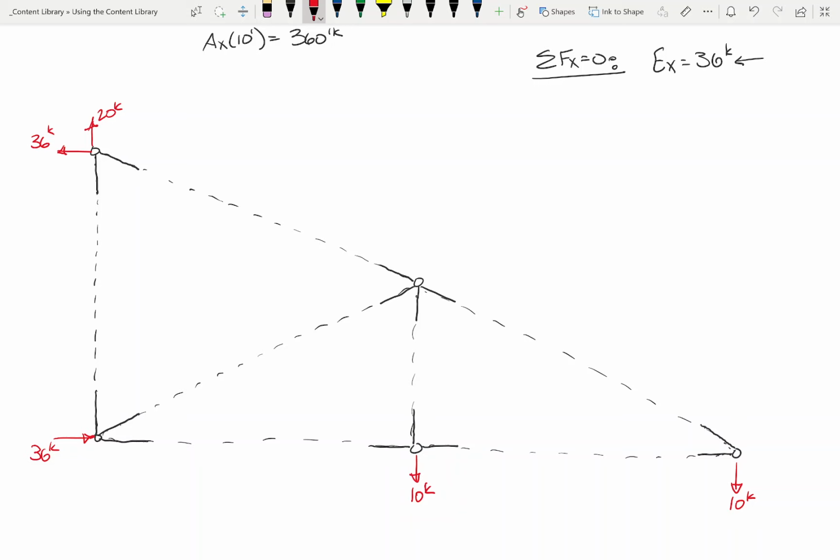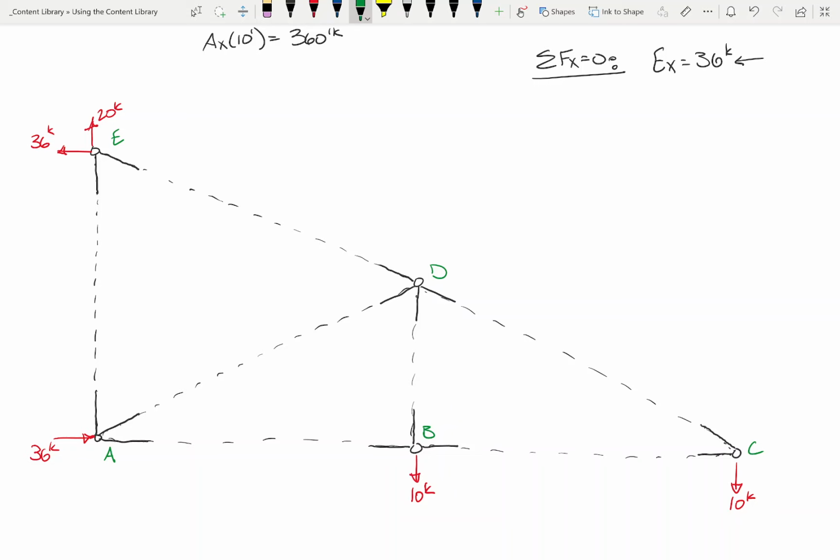Okay. And while I'm at it, let's go ahead and name the joints. So let's see, A, B, C, D, and E.